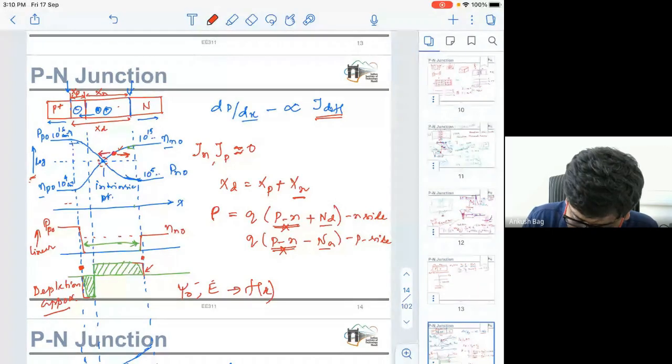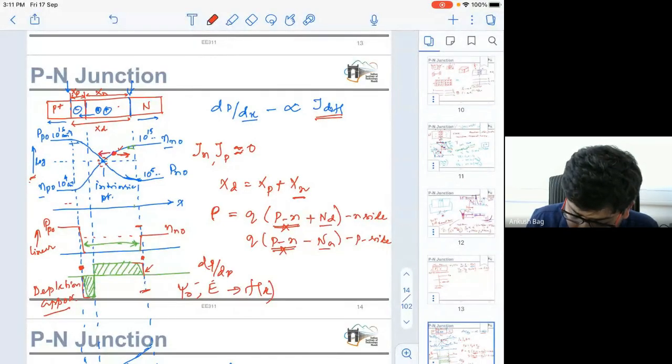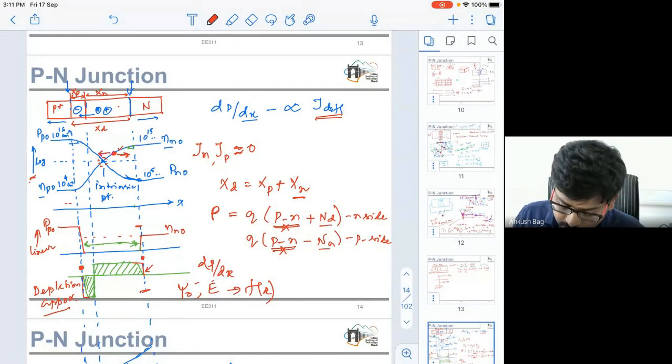However, we cannot use the depletion approximation or the linear scale if we try to calculate the diffusion current at the depletion edge. Because if we consider an abrupt change in the carrier concentration, then dp/dx or dn/dx will be infinite, which leads to infinite diffusion current, which is not true.